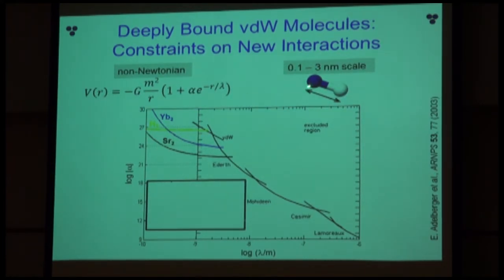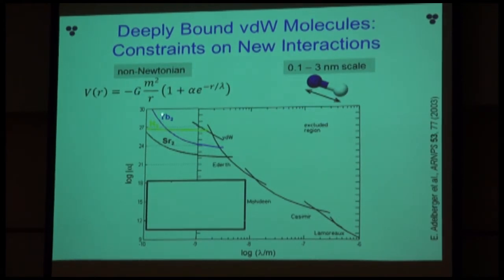And here, if you have an isolated diatomic molecule that's theoretically fairly simple to describe in terms of its electromagnetic interactions, then you basically have a pair of fairly heavy atoms separated by something like 0.1 to 3 nanometers that do interact gravitationally. So if you can really understand the other contributions to their interactions, you can maybe do a better job than this constraint.